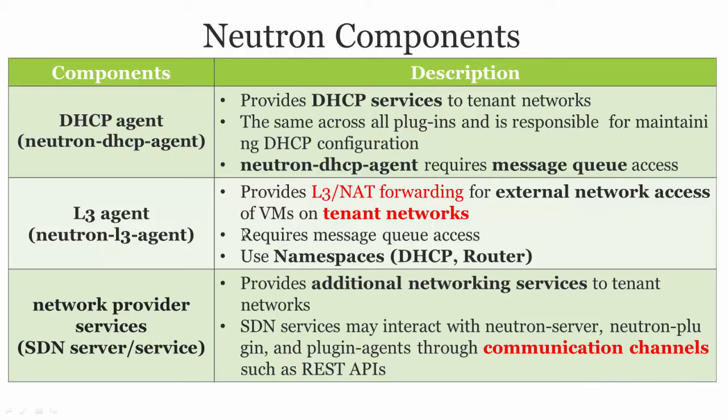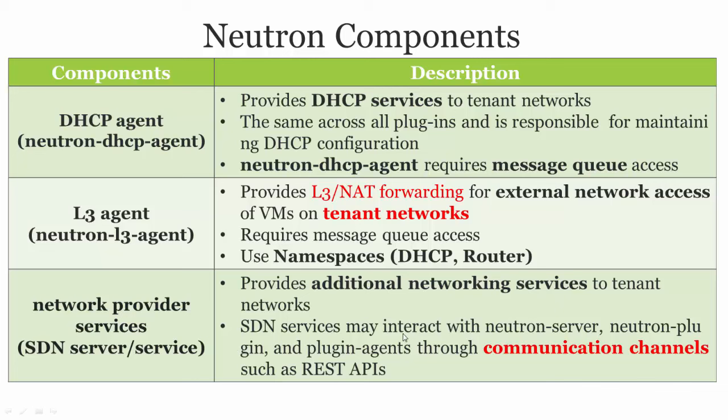Also, this needs to require the message queue, and the L3 agent will use namespaces like DHCP and the router. In this video, I will show you, maybe in the last part, when I create the networking service, the networking node will have these namespaces. Network provider services provide additional networking services.